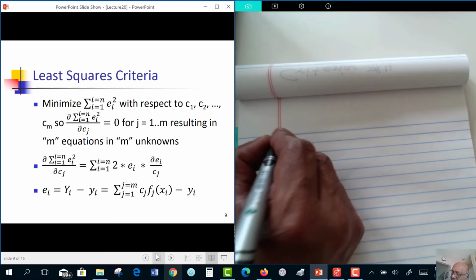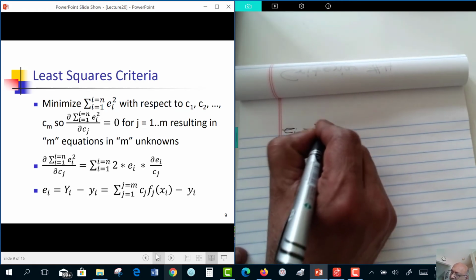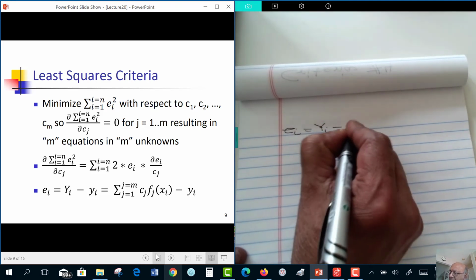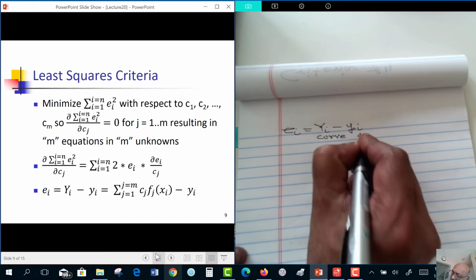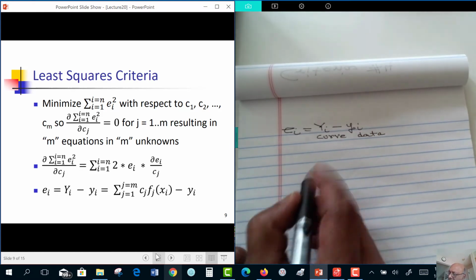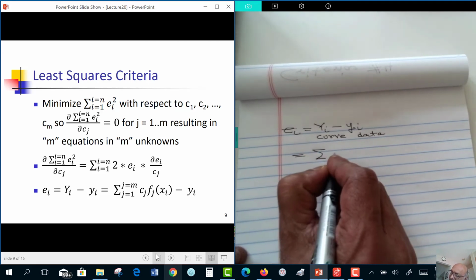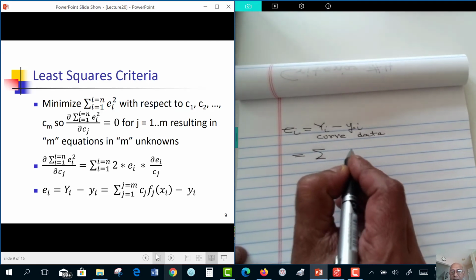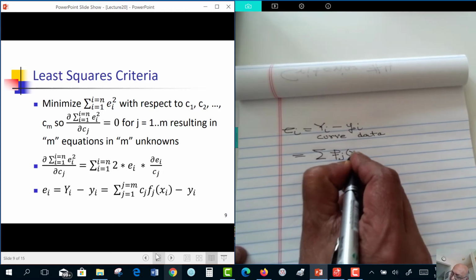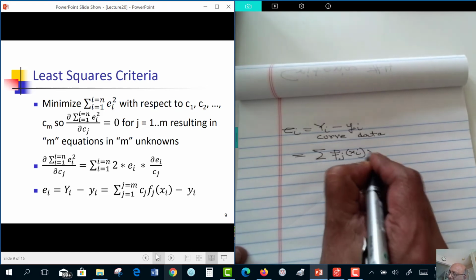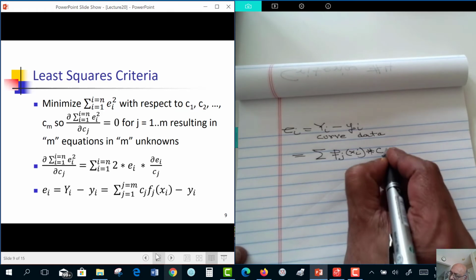So what is ei? Remember, ei was our deviation, is the y value on the curve minus y value of the data point, right? Well, y value, we remember we did, this was c1 times f1 plus c2 times f2, and I wrote it in matrix form, but let's say we just, for the time being, write it in this algebraic form.